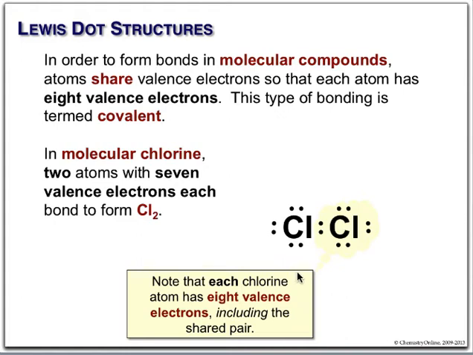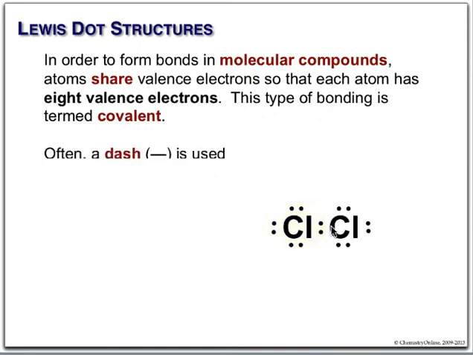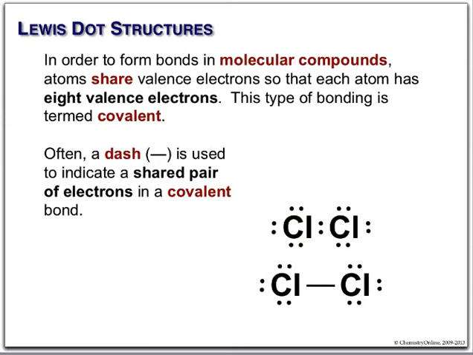So for chlorine here we have 8 electrons. For this chlorine we also have 8 electrons, counting the shared ones for each atom. Often when you draw Lewis structures, you'll replace the electrons here with a simple dash. The dash makes it easier to draw. Whenever you see a dash like this, remember this represents 2 electrons in a covalent bond.